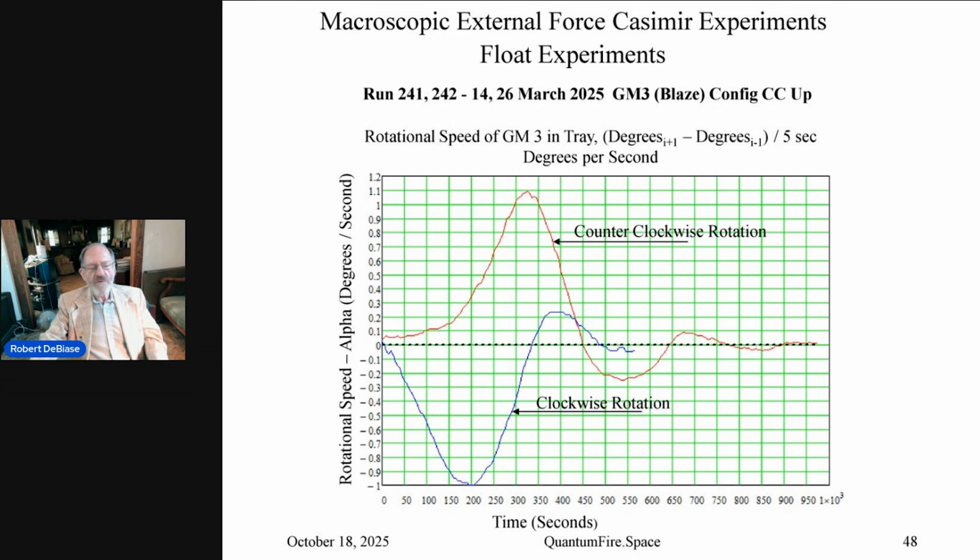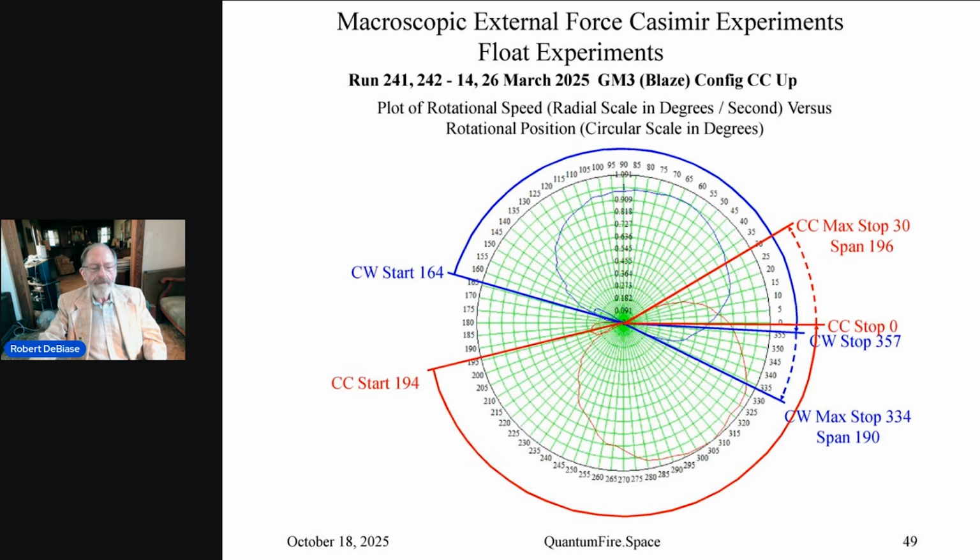All right. From this, you can figure out the angular velocity in degrees per second. And that's also versus time. Again, red is counterclockwise and blue is clockwise. And then you can put those two together, and you get this interesting chart. It shows that the blue is clockwise.